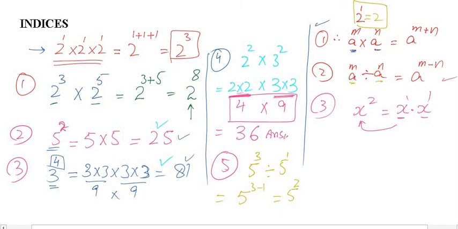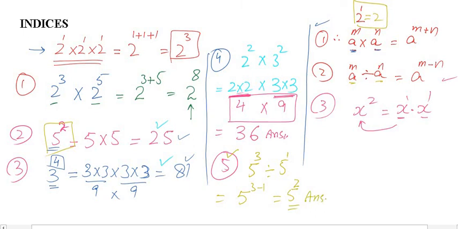But if the question says find the value, your answer is not 5 power 2. Guess what the answer is? Yes, we did this one before, it is 25. As mentioned, if I need the answer in single index, this is your answer.